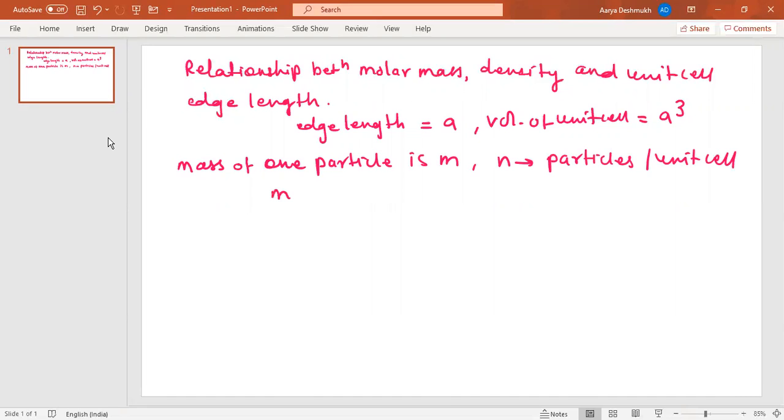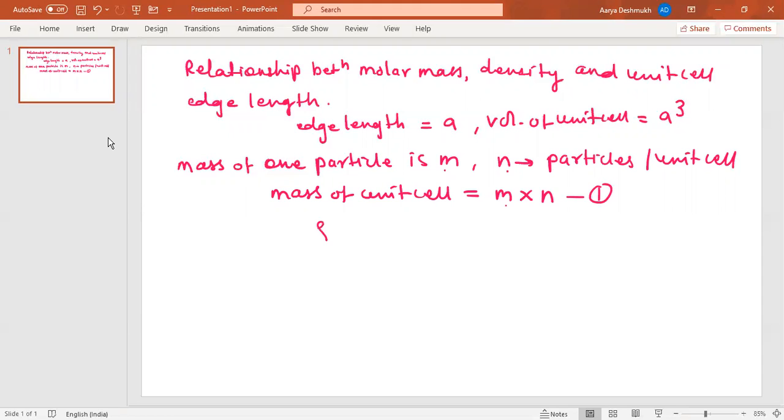So the mass of unit cell will be equal to m into n, because m is the mass of one particle and there are n particles. Multiplying these two gives the mass of the unit cell. Number this as equation number 1.